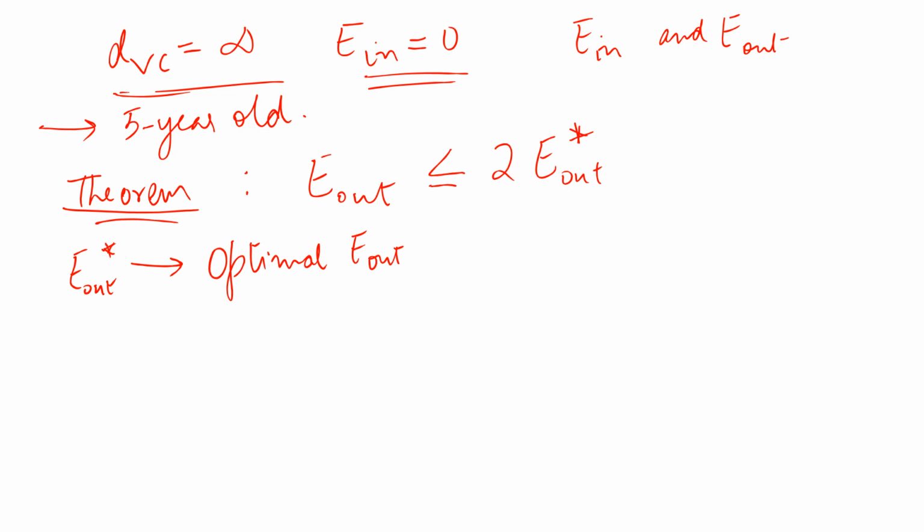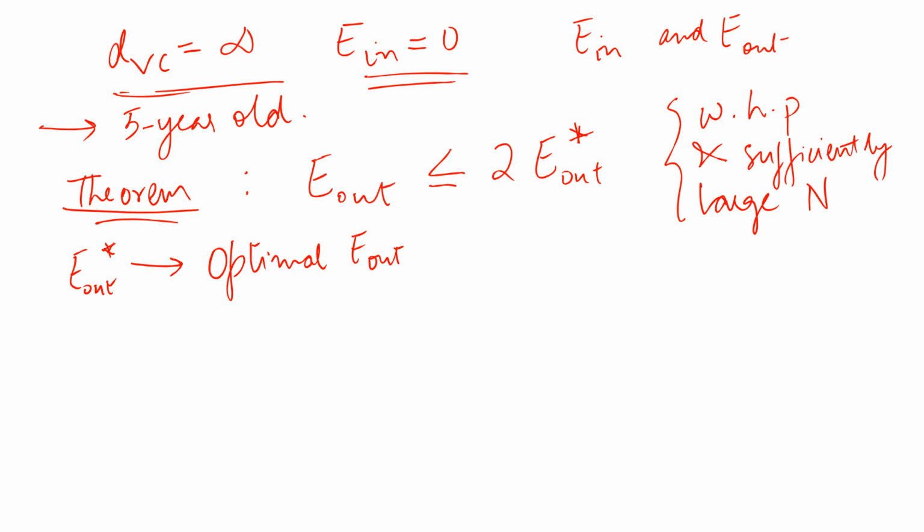First of all, this is what the theorem states, along with an accompanying condition: we can say that E out is less than or equal to 2 times the optimal E out with high probability, and sufficiently large n, the data set size.